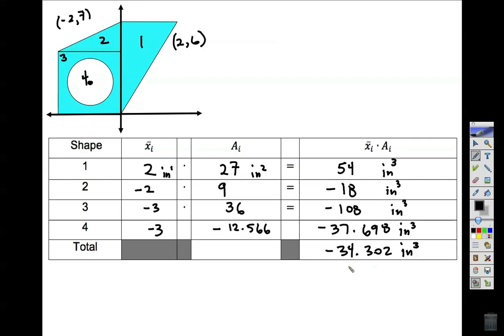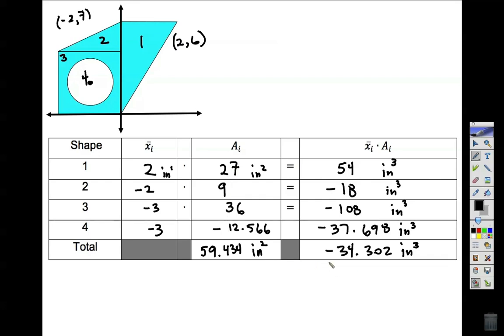We're adding lengths, which is this here. Now we're going to add areas. This is the next step. This is step 7: 27 plus 9 plus 36 plus -12.566. That is 59.434 inches squared. That's step 7, add all the 4 areas.